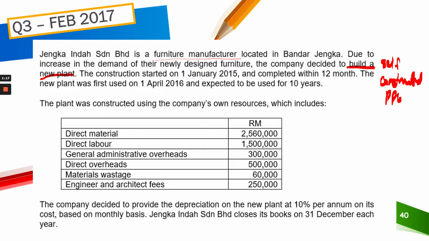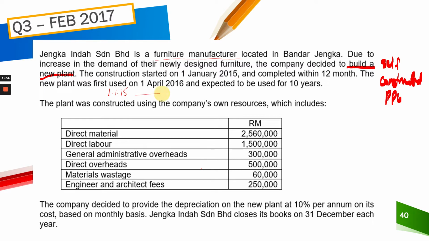2015. 1st of January 2015 is the date of construction, and that will take 12 months. So let's look at when that is, 1st of January 2015, and the plant was first used on 1st April.